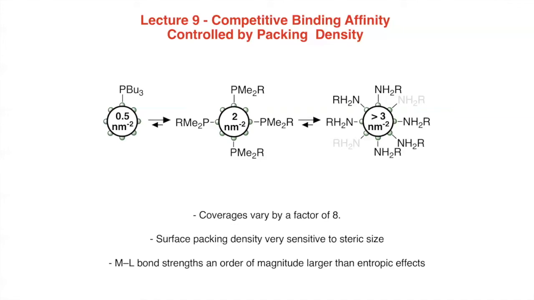So this equilibrium constant is less about bond association energy and more about numbers of ligands that can fit. Small molecules pack better than large ones do, and that means that they bind better. So small molecules with a weaker bond association energy can displace larger molecules with a stronger bond association energy for these reasons.